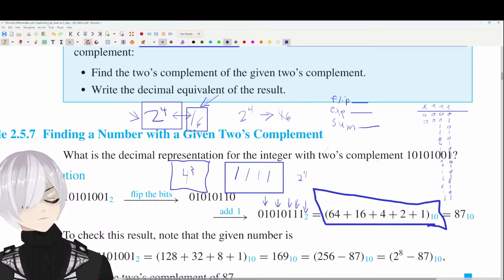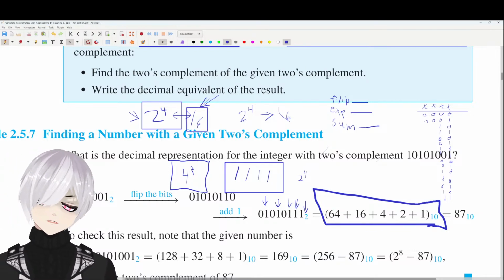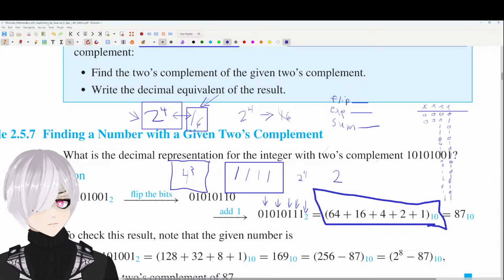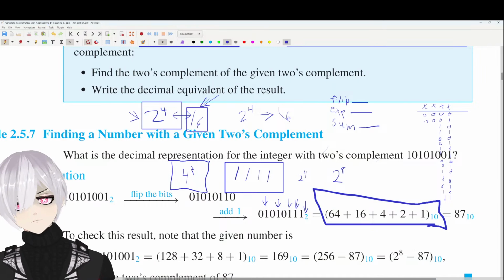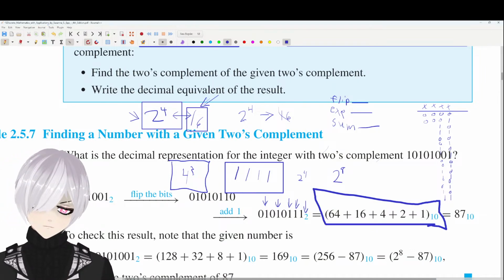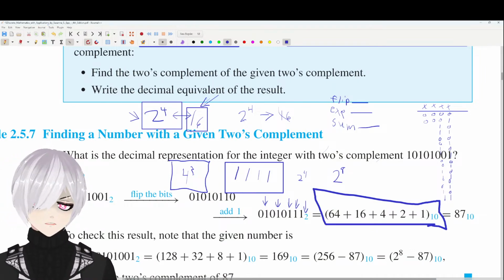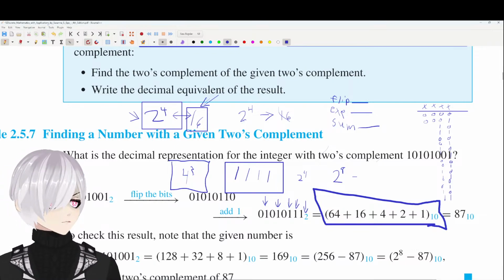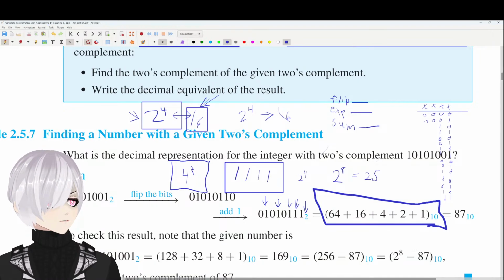So if it were 8 bits, and I like to think that humans are probably only calculating by hand up to 8 bits, maybe 16. I don't know, but let's see. With 8 bits, isn't this 256?